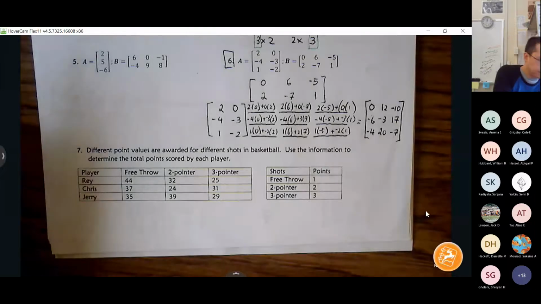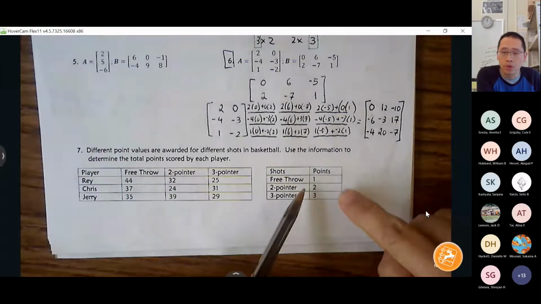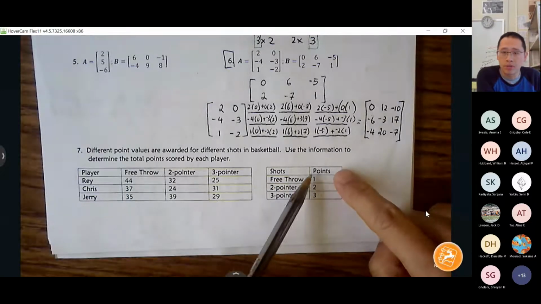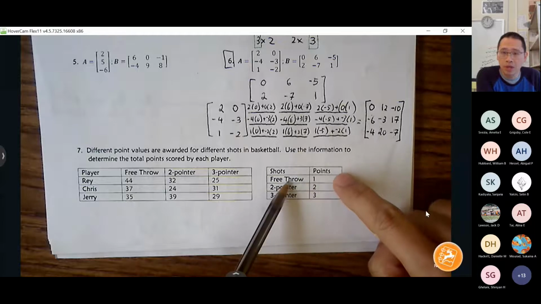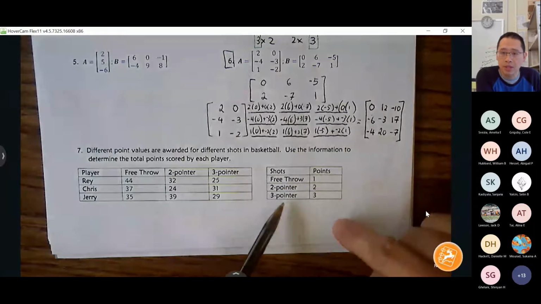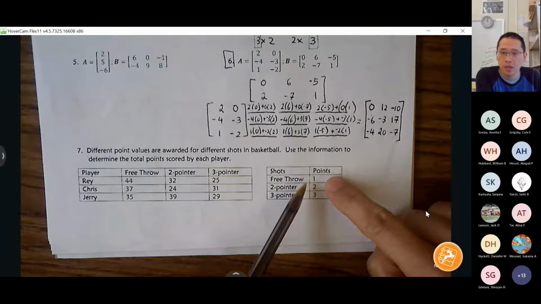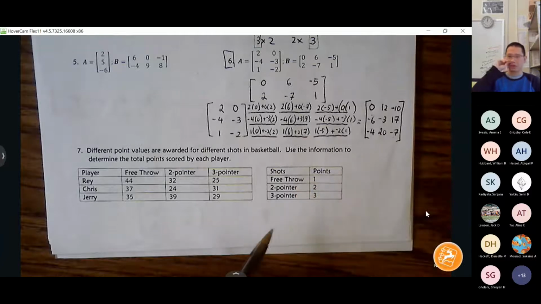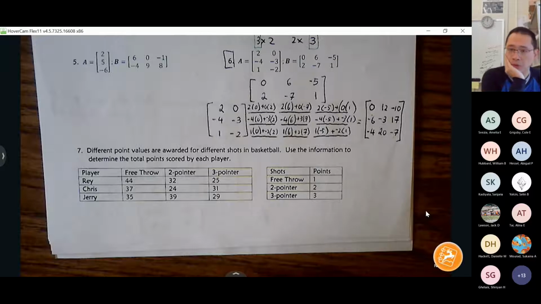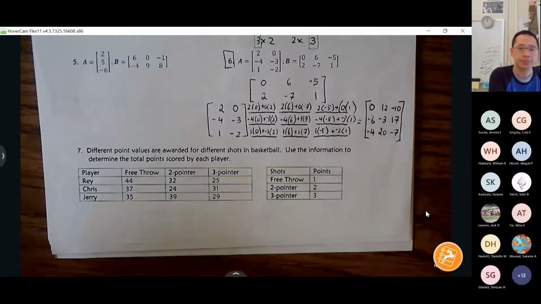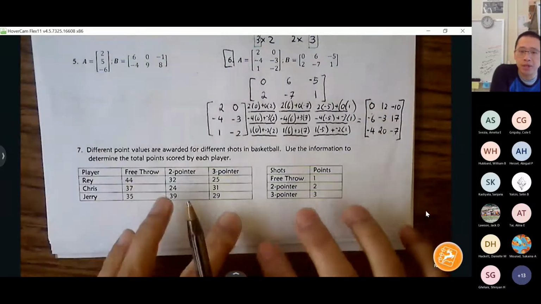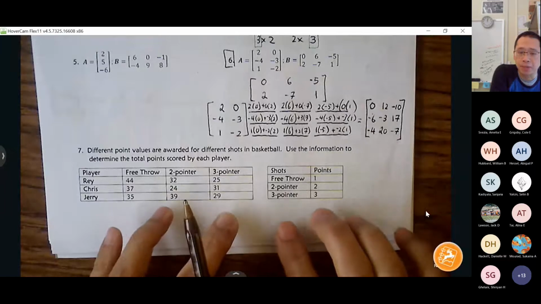But we also know the connection between the different types of shots and points: 1 for a free throw, 2 for a 2-pointer, and 3 for a 3-pointer. Let's see if we can match up the matrices here.